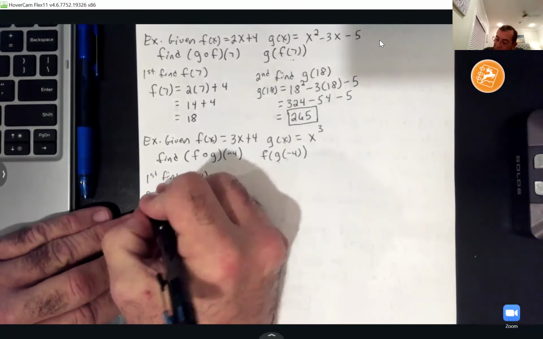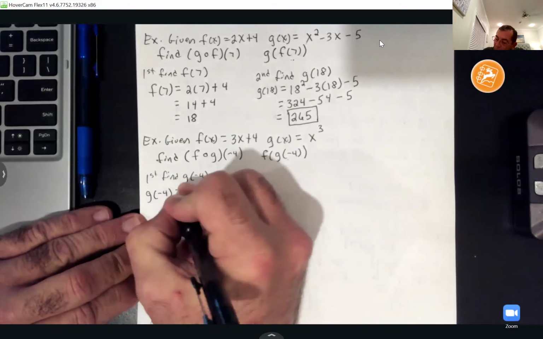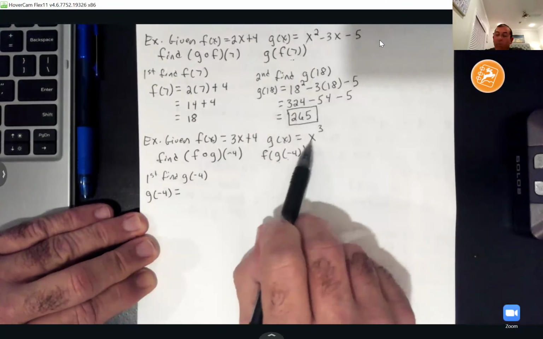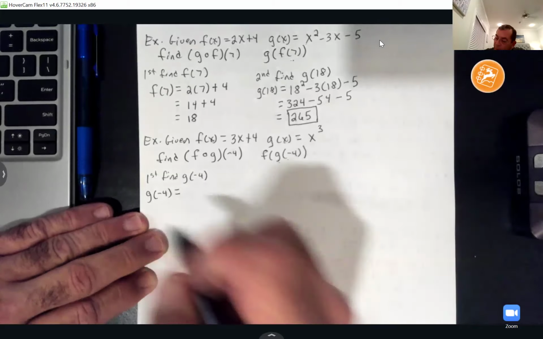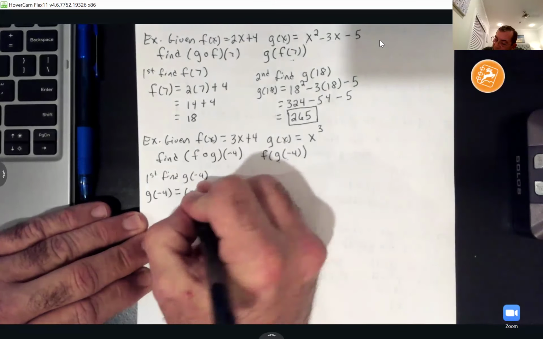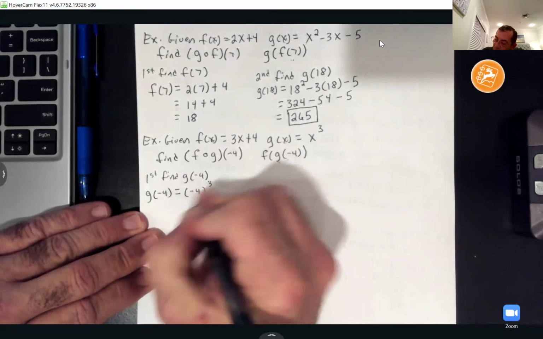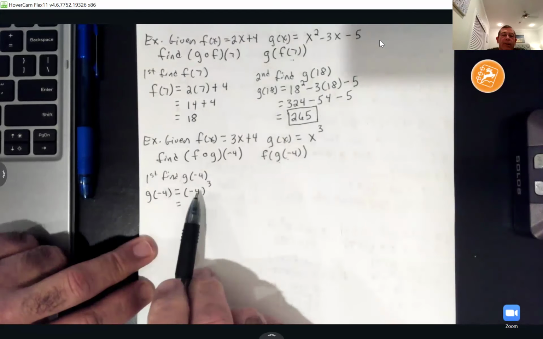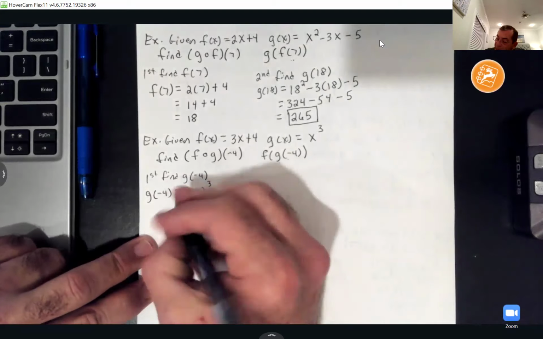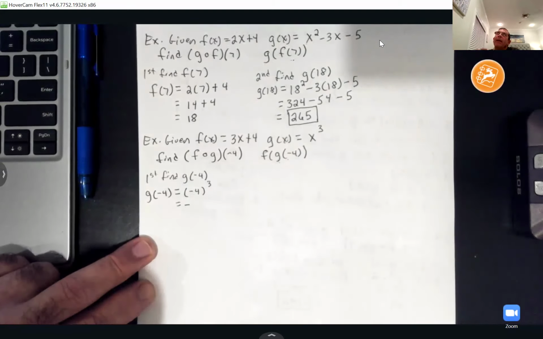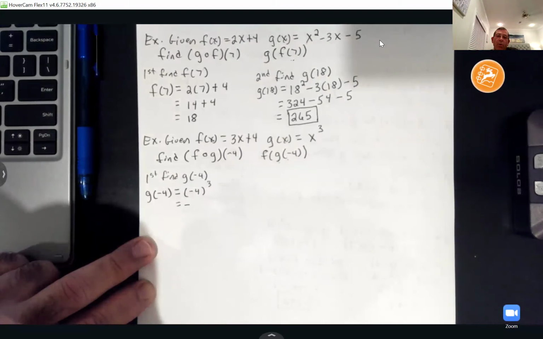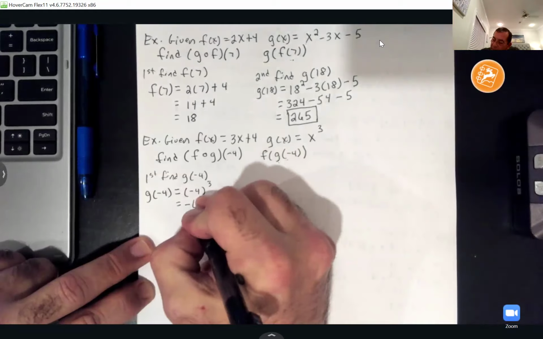Oh, y'all, so G of -4 will equal, well, G is x cubed, so that's going to be -4 cubed. So let's see, negative times a negative will stay negative because you've got 3 negatives. And then 4 times 4 times 4. So that'd be 16 times 4, so that'll be 64.